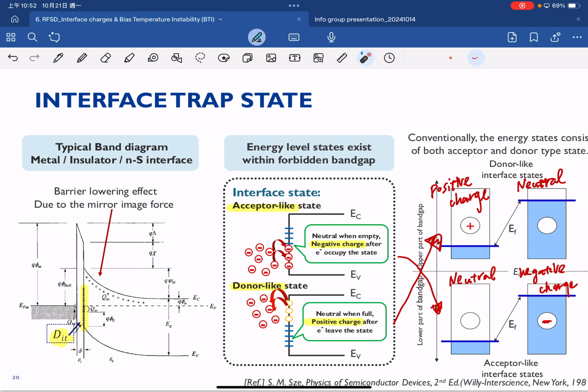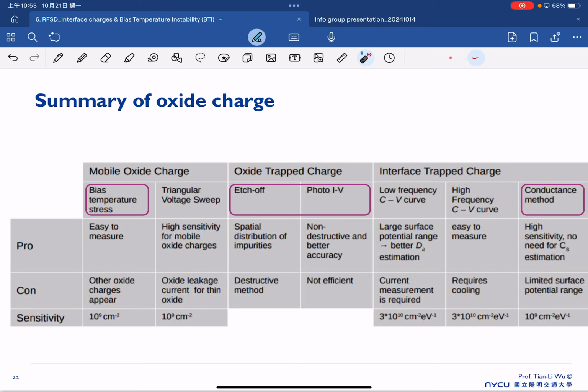Okay, so here is a summary of the different kinds of oxide traps that we will face in the semiconductor. The first one is the mobile oxide charge. You use bias temperature stress to understand it, and the oxide trap charge can be studied in several different ways, such as etching away, or we use photo I-V to measure.